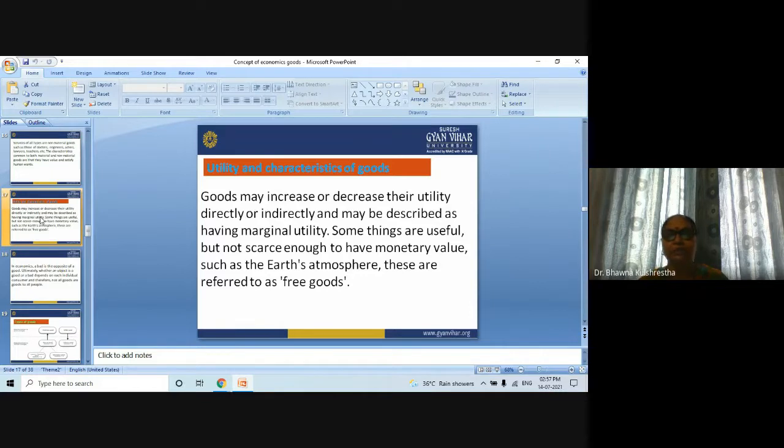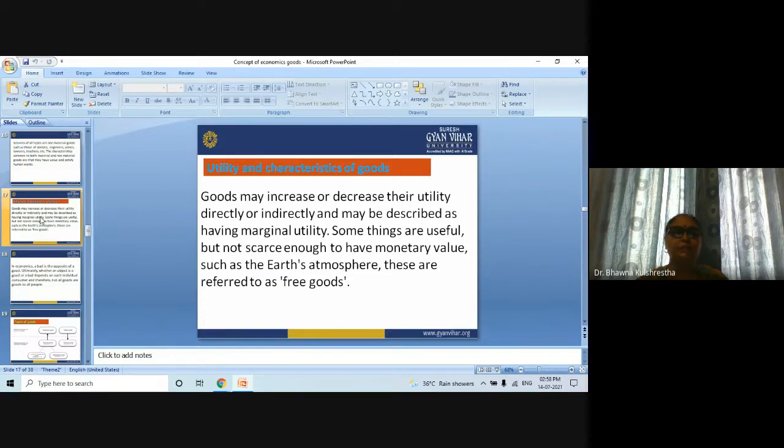Some things are useful but not scarce enough to have monetary value, such as the Earth's atmosphere.